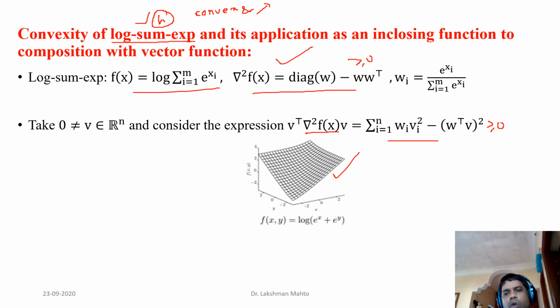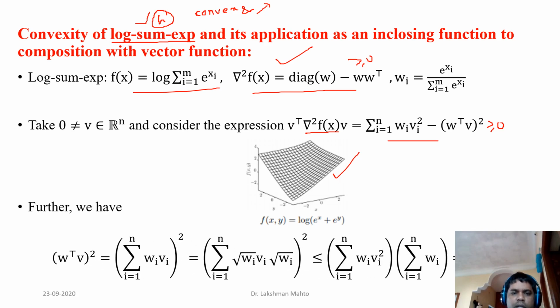One plot for the two variable case I have taken. Also, it can be visualized that this log sum exponential is a convex function because it has positive curvature. Further, during that second order characterization we had come across this inequality, which implies that this term is always greater than or equal to the second term.